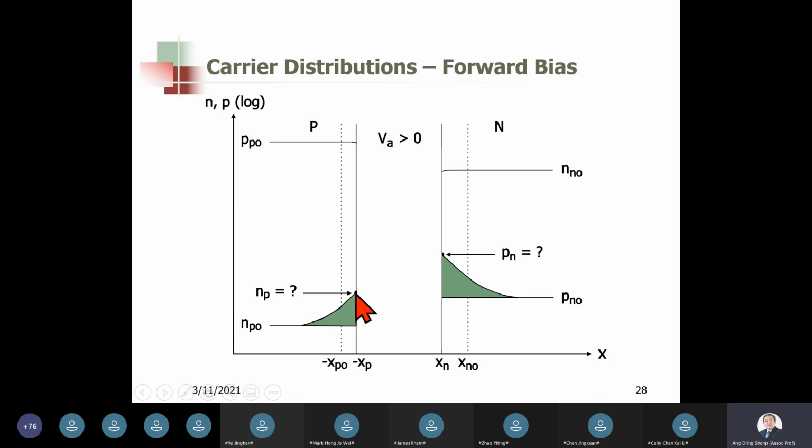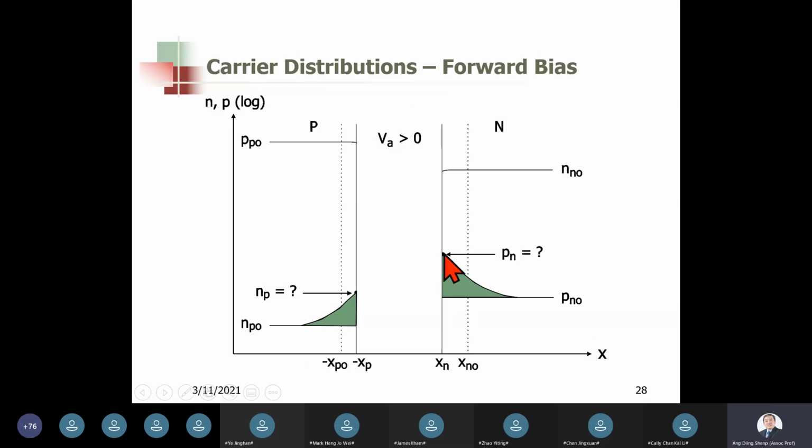Similarly, electron injection from the N into the P will lead to an increase in the electron concentration at the edge of the space charge region on the P side. I will show you how we can obtain equations that quantify Pn and Np. Notice that the subscript 0 has also been dropped in these two notations, because under forward bias, the PN junction is in non-equilibrium.